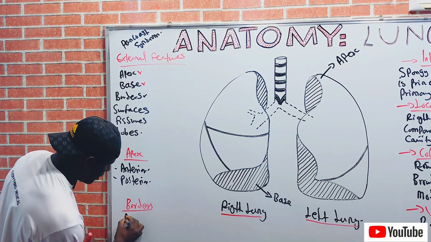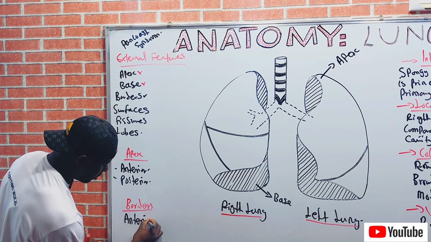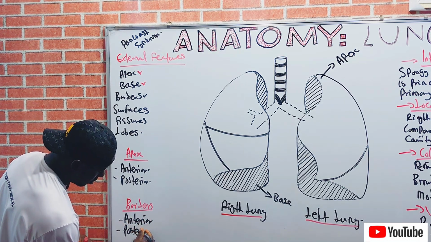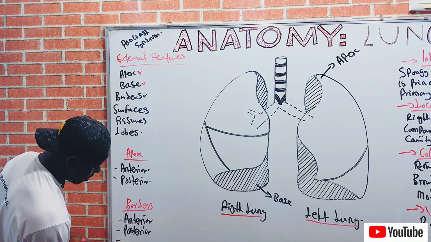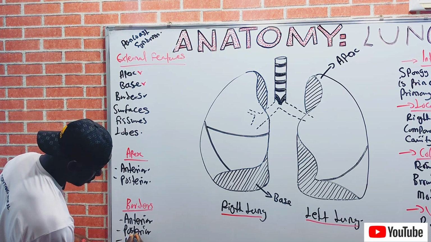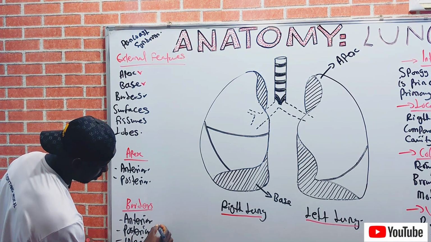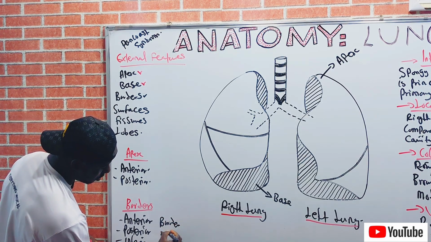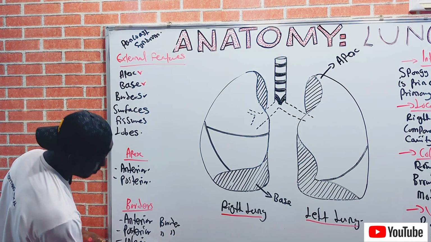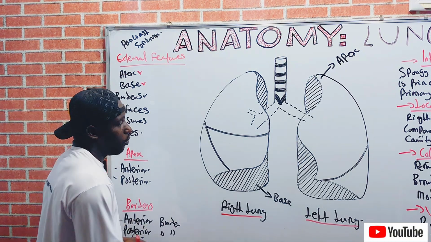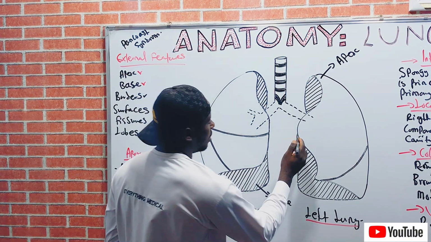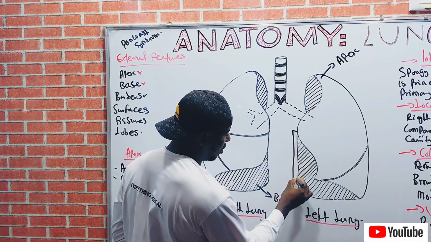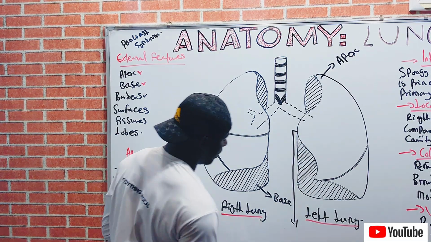We have the anterior border, the posterior border, and the inferior border. Now let's proceed. This is the anterior border of the lungs.